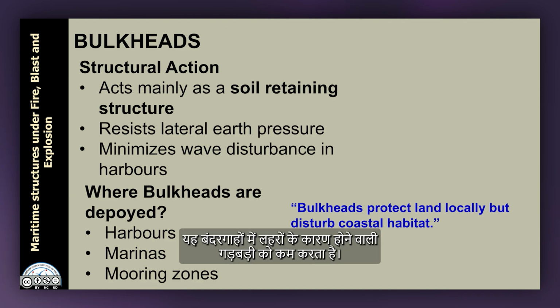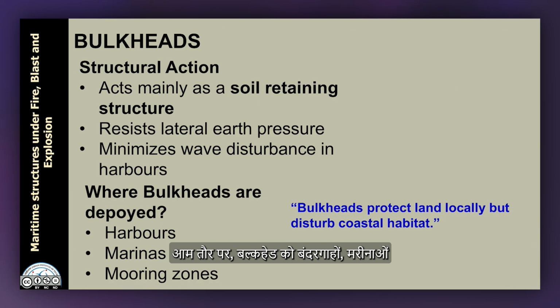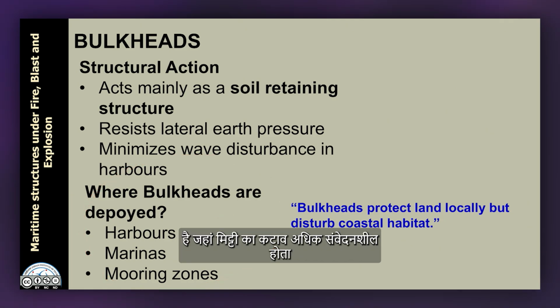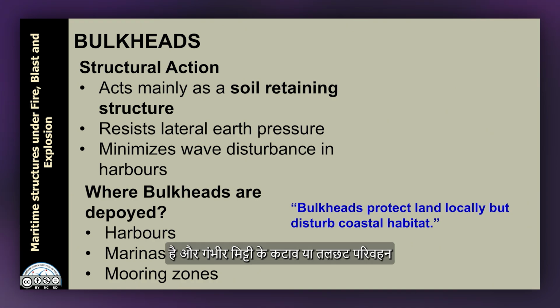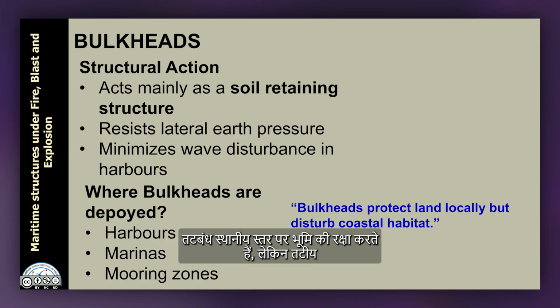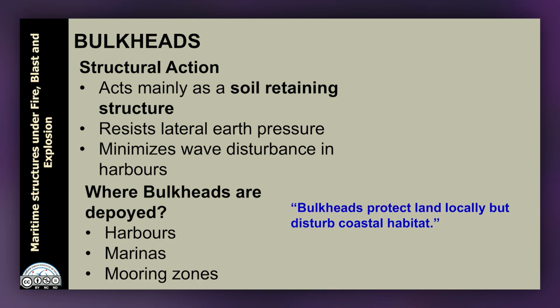It minimizes wave disturbance in the harbours. Generally, bulkheads are deployed at harbours, marinas and mooring zones where soil erosion is more sensitive and landslides could happen because of severe soil erosion or sediment transport. Bulkheads protect land locally, but disturb the coastal habitat very severely.